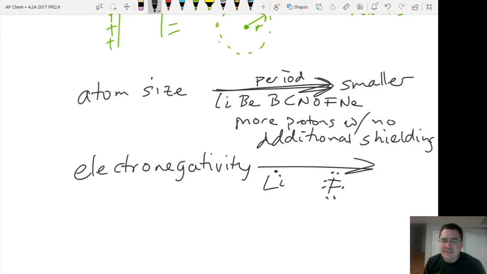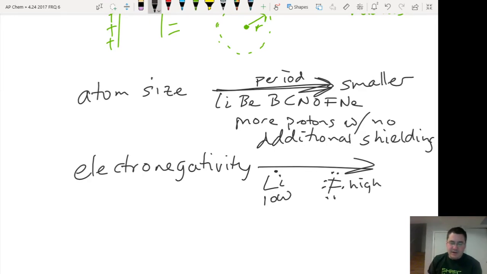Which one of those desires electrons more? Fluorine, because it's really close to achieving a full octet, right? So fluorine is highly electronegative because it really wants its electron, and lithium is basically not electronegative at all because it doesn't want electrons. It wants to get rid of its electron. So lithium has a low electronegativity.